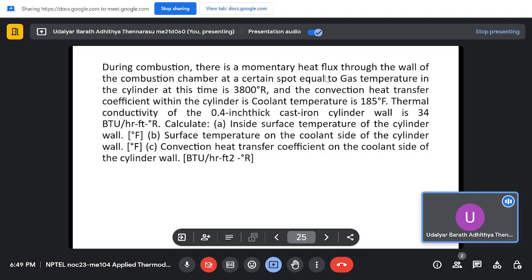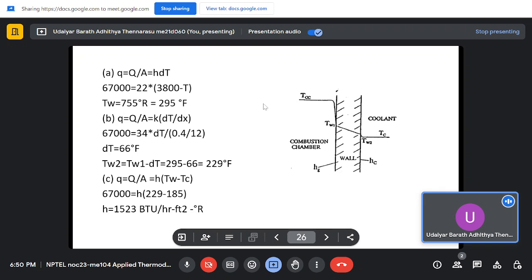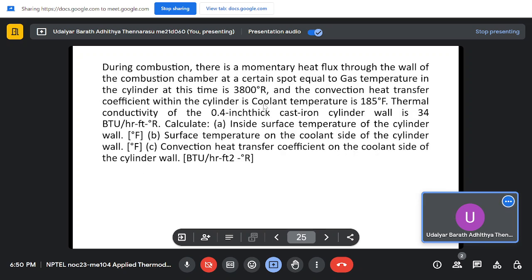So the heat flux is 67,000, the gas temperature at that point is 3800 degree Rankine, and the convective heat transfer coefficient within the cylinder is also given. Some values are missing, I'll make the change. Then the coolant temperature is 185 degree Fahrenheit.